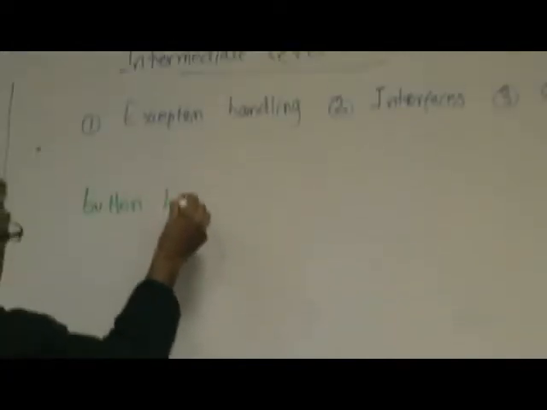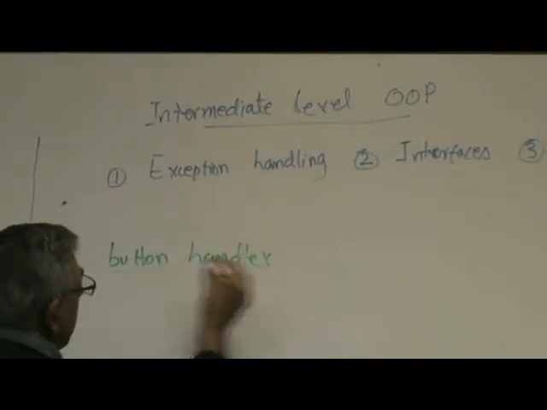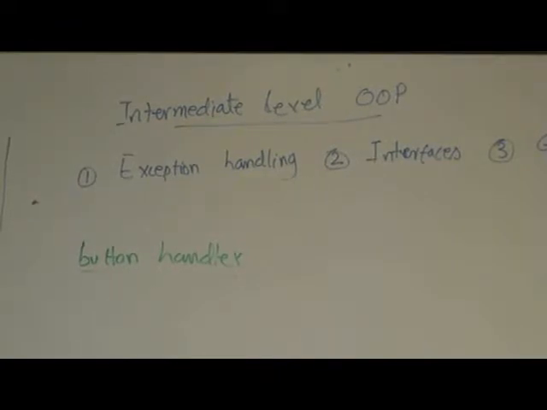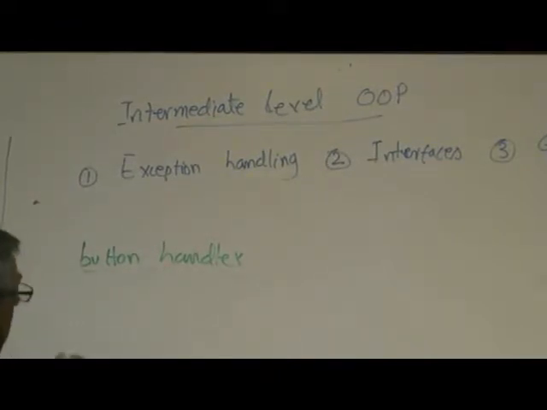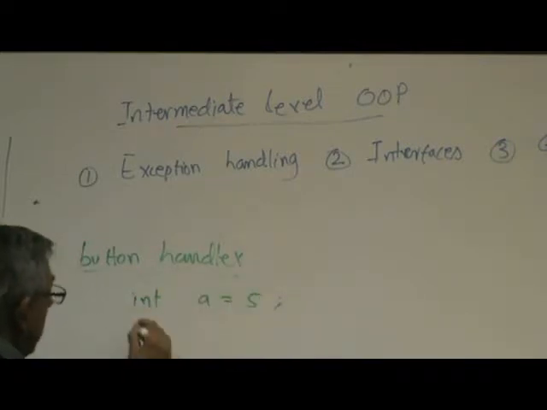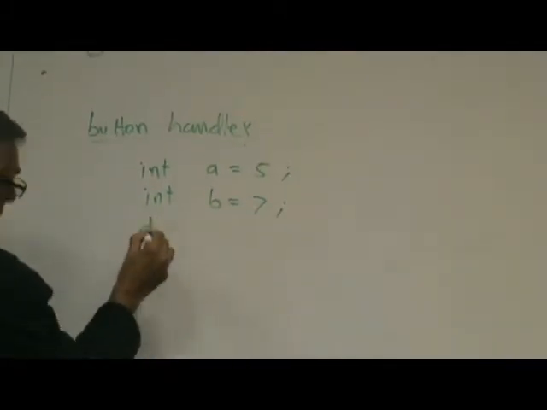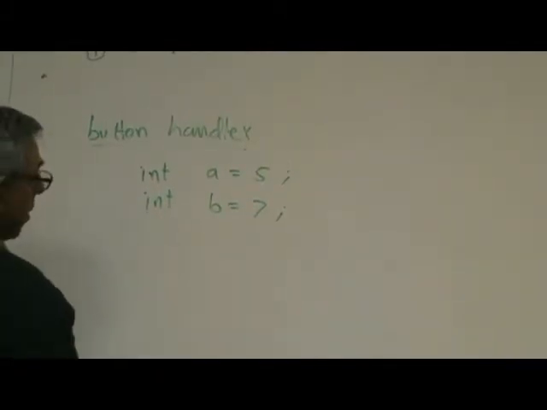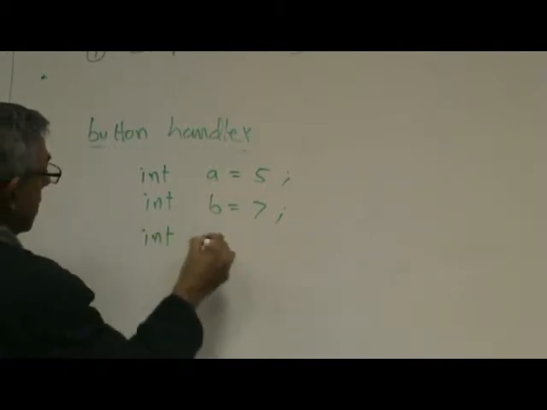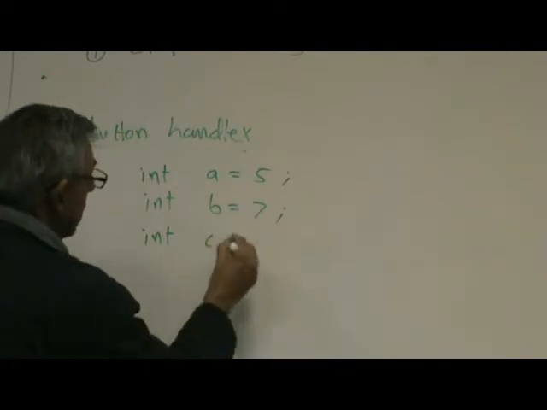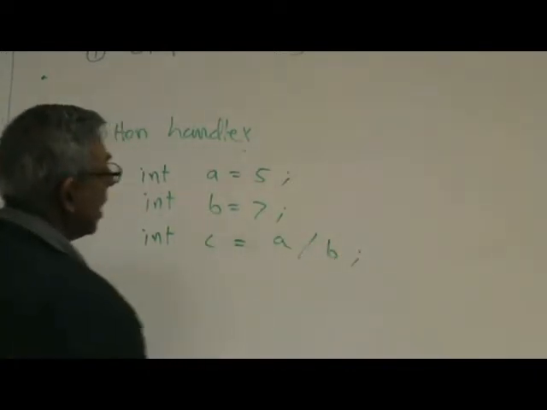So anyway, exception handling works like this. Let's say you created some Windows application with a button handler. You were writing some code like this: int a equal to 5, int b equal to 7, and int c equal to a divided by b.